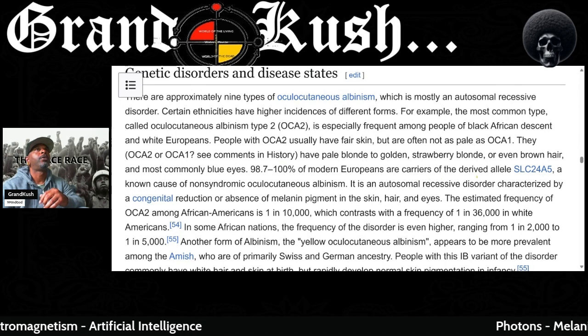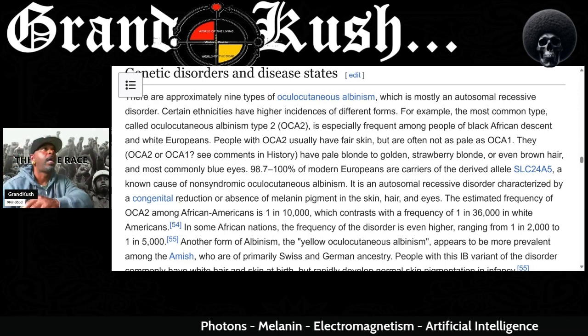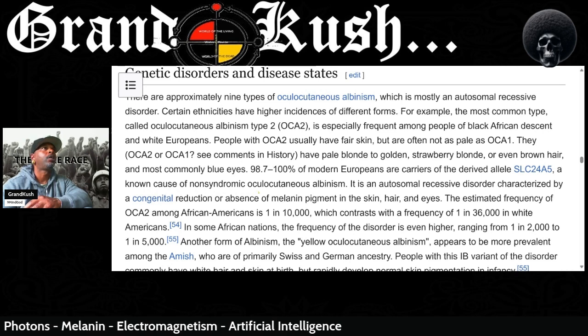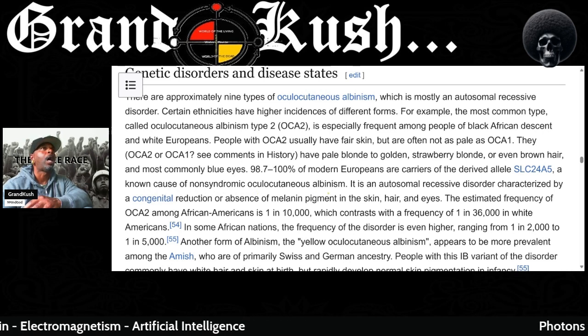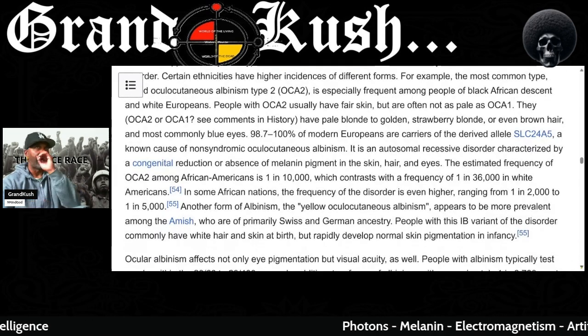Europeans are carriers of the derived allele SLC24A5, a known cause of non-syndromic oculocutaneous albinism. Okay. They have these alleles.